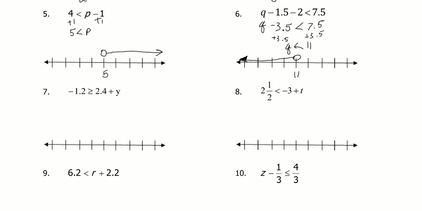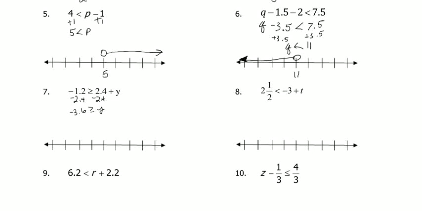Alright, number 7. Let's see, we're going to start by subtracting 2.4 from both sides of this. Minus 2.4 and minus 2.4. That's going to leave me with negative 3.6 greater than or equal to y.